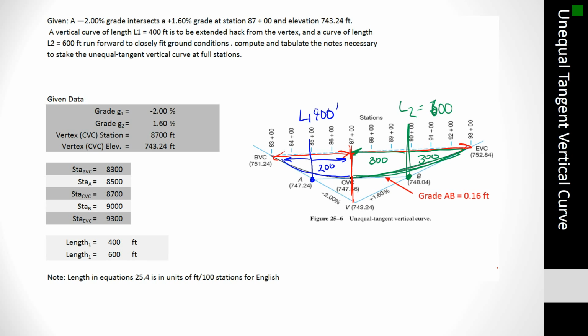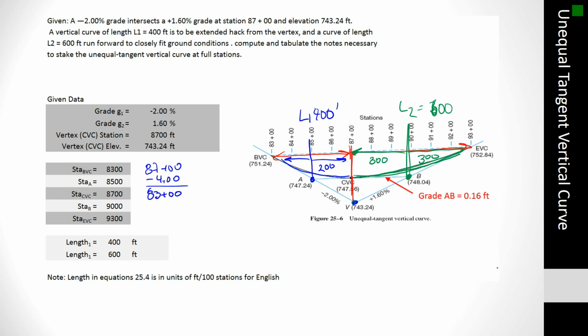All right. So when we're looking at this information, we're looking at where these stations are. If we know from the actual vertex that it's 400 feet back, we are saying 87 plus 00 minus 400 is going to give us our beginning of vertical curve of 83 plus 00.